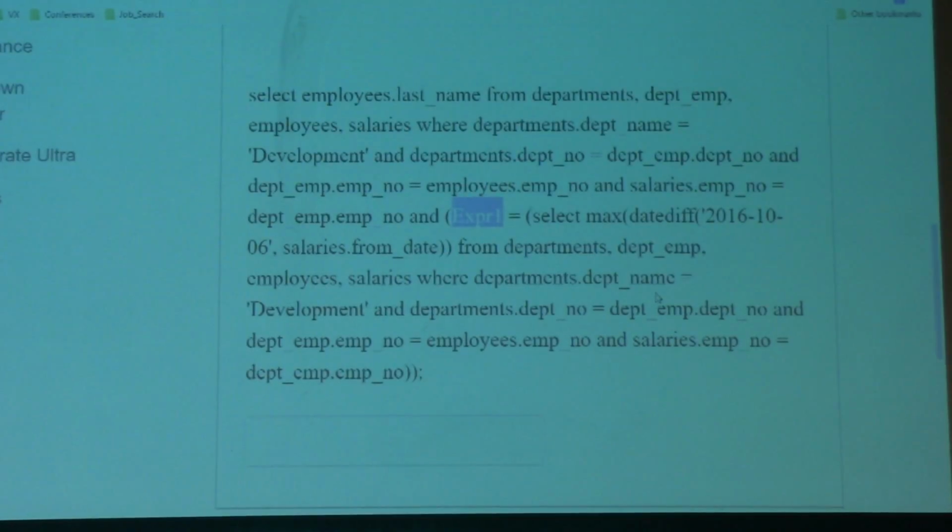It's the same max date diff that we have to put there. The max date is the maximum, right? Whose max date should this be? Employee, in which table? In salaries. It should be salaries dot employee ID.